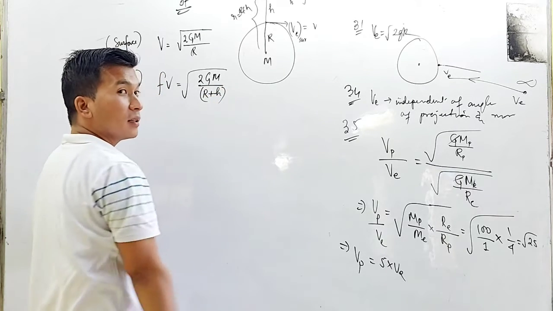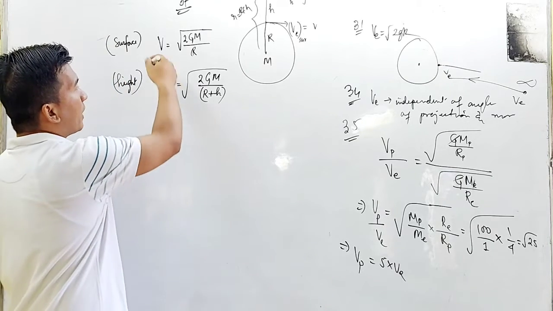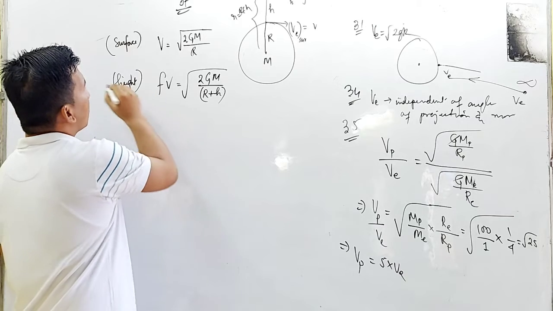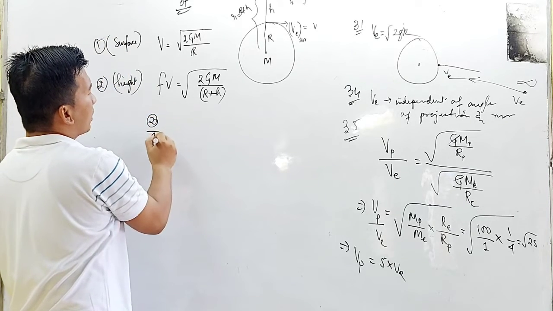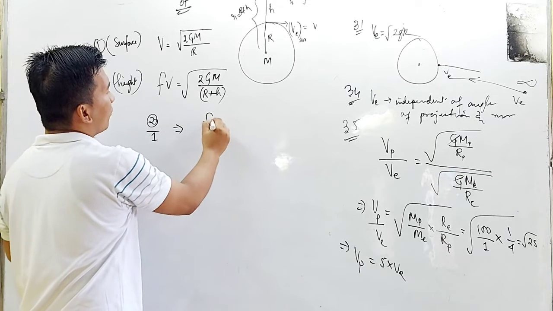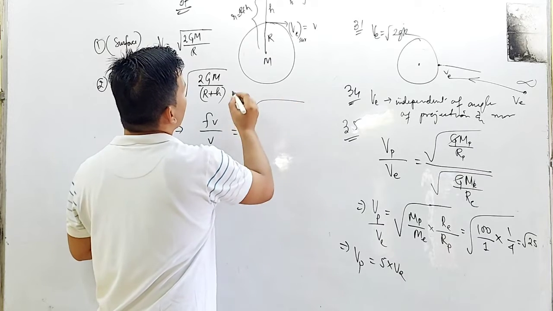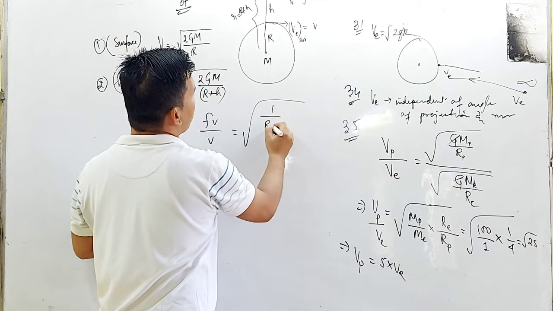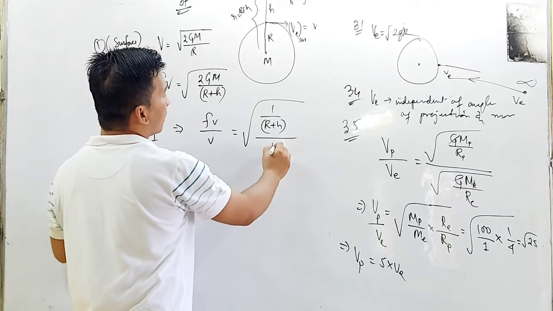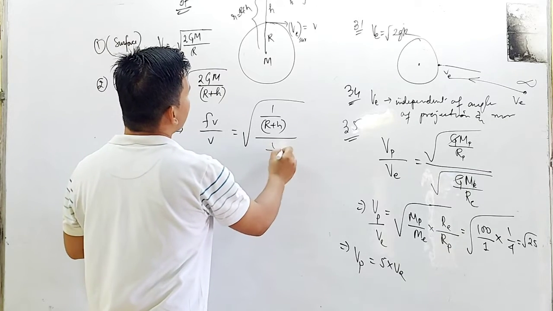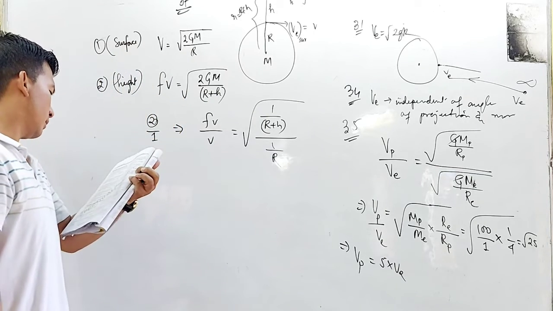Now let us divide these two: equation number 2 divided by equation number 1, we will have f v_E divided by v_E, equal to root over only 1 by R plus h, divided by 1 by R.